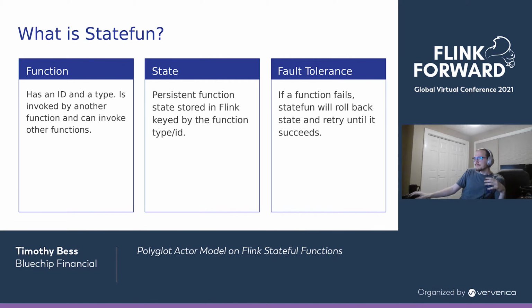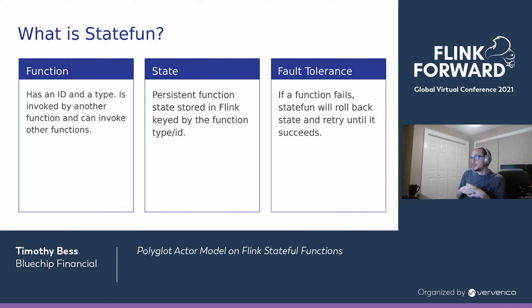So essentially, again, we kind of see this pattern, right? You have a function. Function can invoke other functions. Functions have state, but the difference in this case is that that state is managed by Flink, and it's persistent, durable, atomic state. And you can kind of guarantee exactly once processing guarantees with respect to the state.